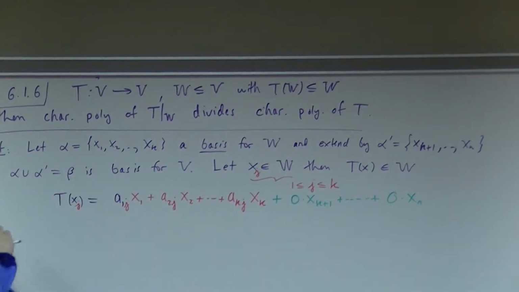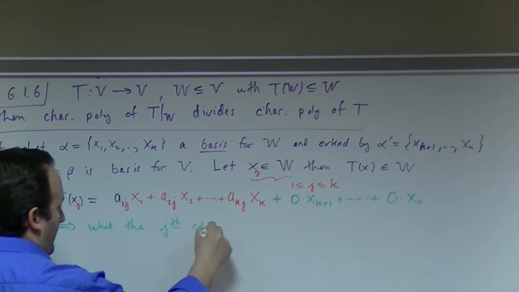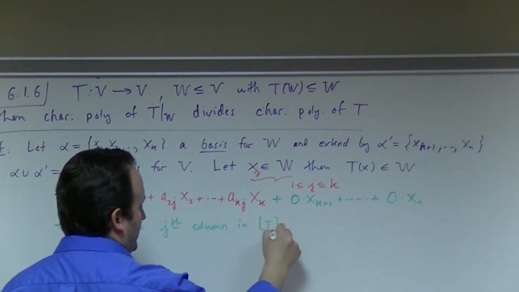But this informs us what the jth column in the matrix of T with respect to beta looks like.